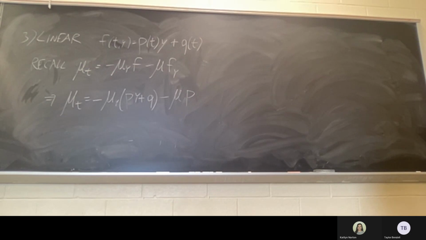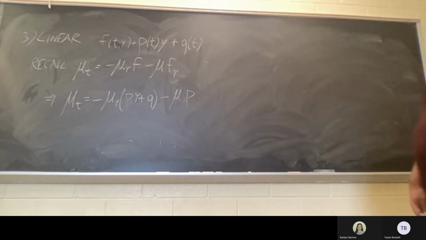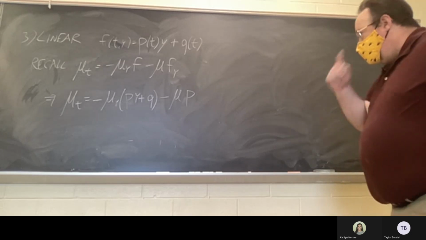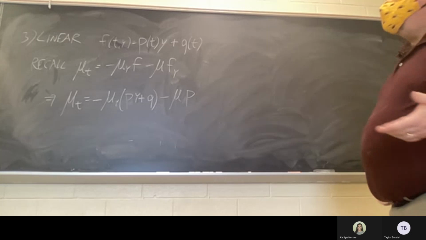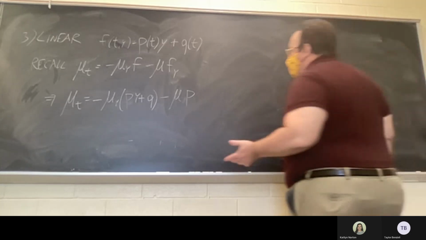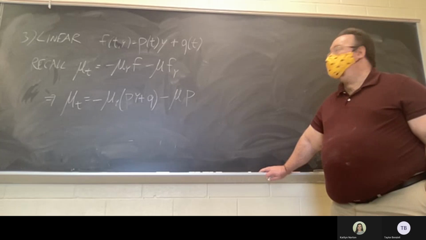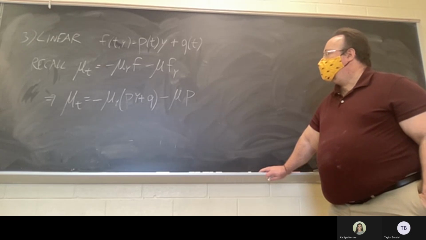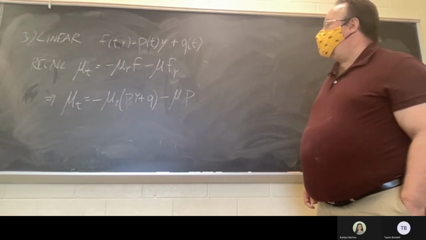At this point, this is still not easy to solve for mu. But what we can try is, once again, make a simplifying assumption about mu so that this can be solved. Like before, if you assume that mu is a function of one variable, either t or y, then that will certainly simplify this equation. Can anyone suggest what we could do?